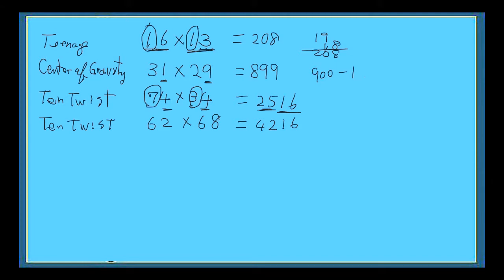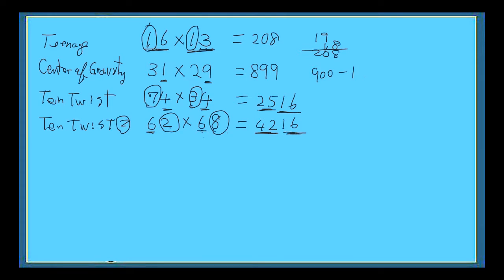Correct? Now, 10 twist part 2, you have the same number on this side, and the sum on this side is 10. In this case, you add 1, 6, 7, 42. And you multiply 2 times 8, 16.